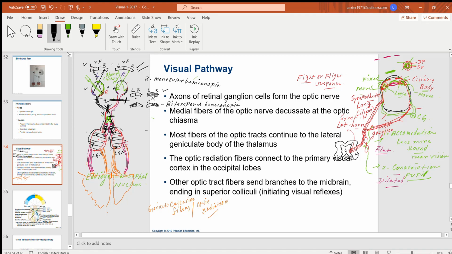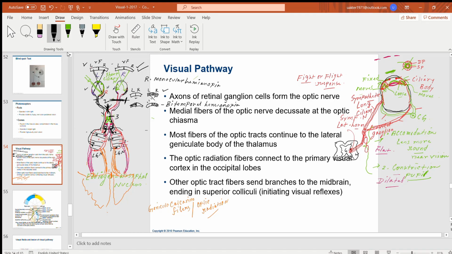Okay. Now if I make a lesion here in the optic tract, this is the right optic tract, right? Let's see which fibers are coming here. The temporal fibers from the same side and the nasal fibers of the opposite side's retina, right?